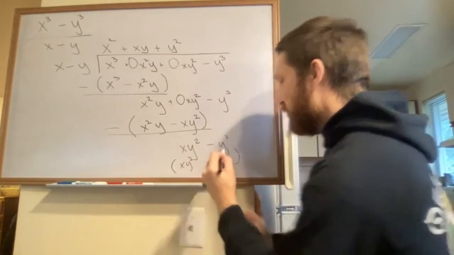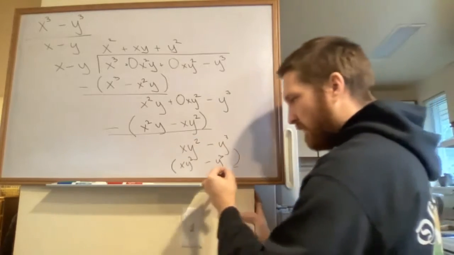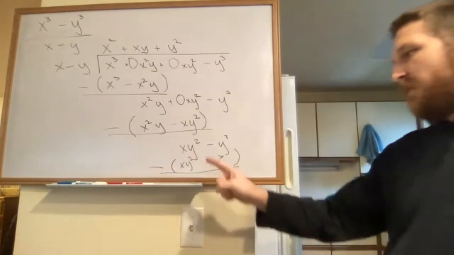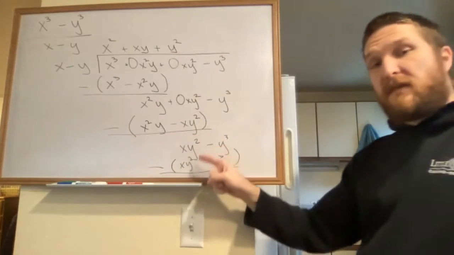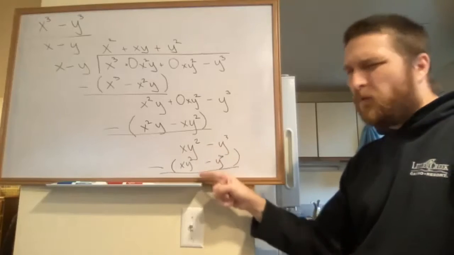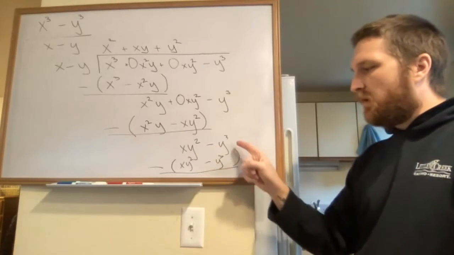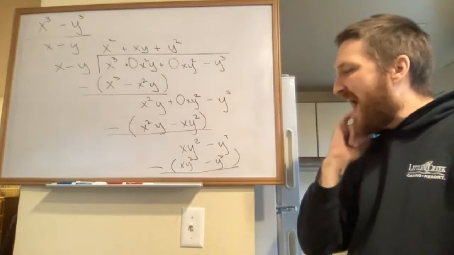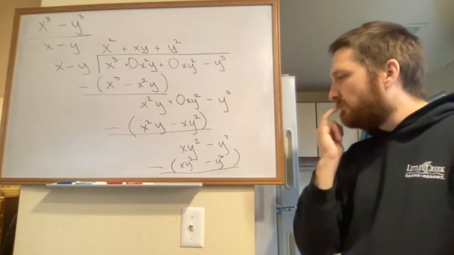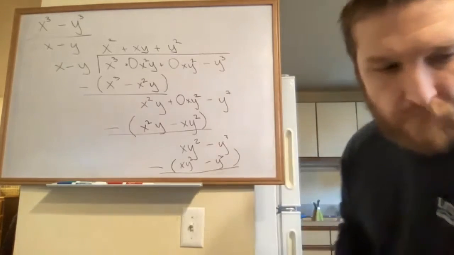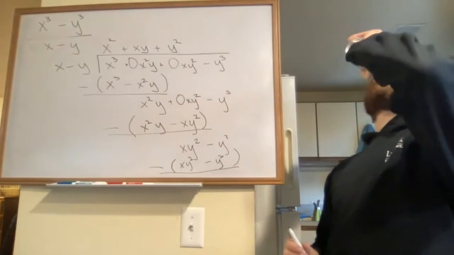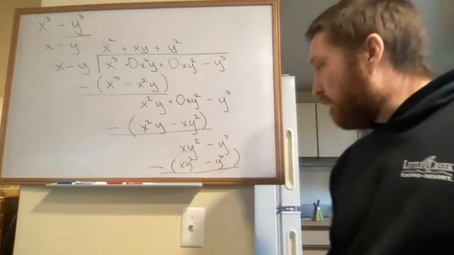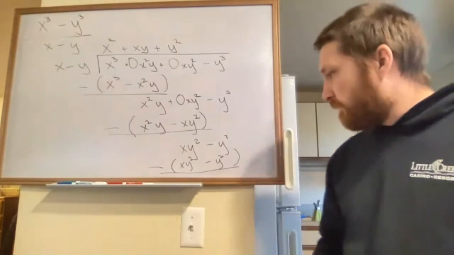Minus y cubed. I'm going to take that, subtract them off. Those guys are gone as well. They had better be. That should always happen, your first ones. And then what about these guys? What do they give me? You get a plus and minus, and then you get 0.